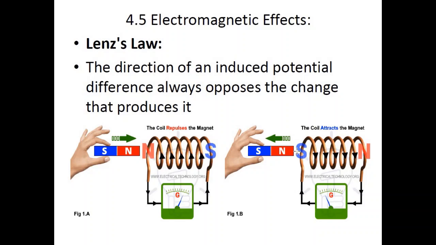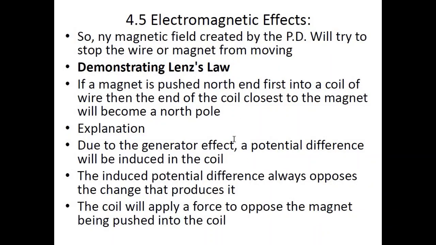If a bar magnet or a permanent magnet is used to induce that potential difference, the coil would turn itself into having a pole that would repel the nearest pole of the bar magnet, as demonstrated in this diagram. So any magnetic field created by the potential difference will always try to stop the wire or magnet from moving.